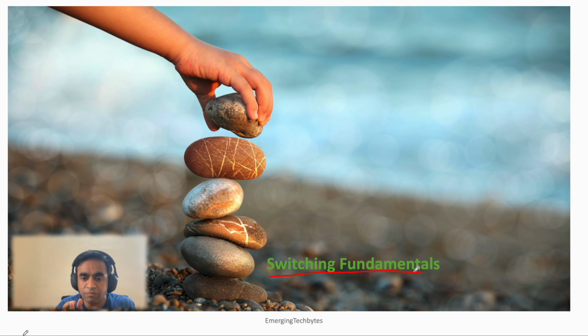So please invest some time in learning switching fundamentals. Though I'm not covering those in detail, I have made sure that at least you understand the problems, the reasons why, and what EVPN is solving for us.